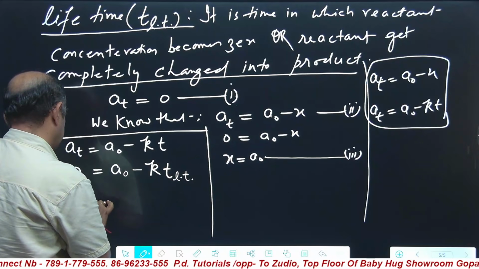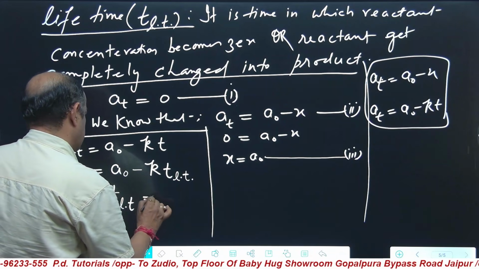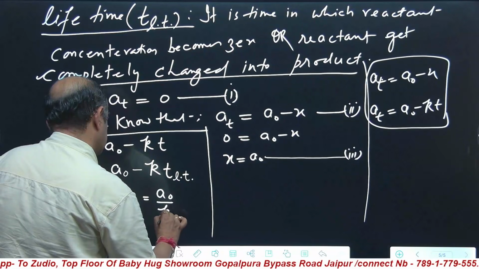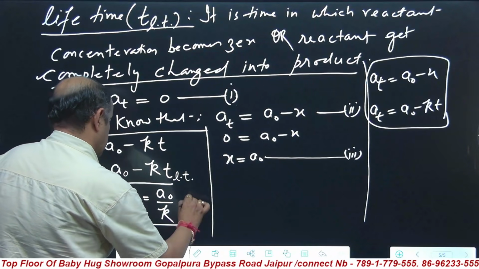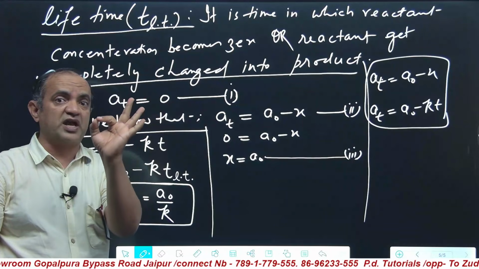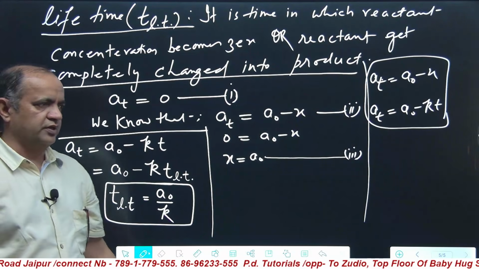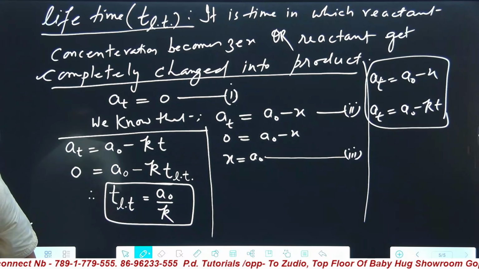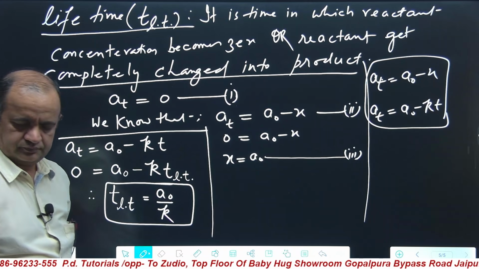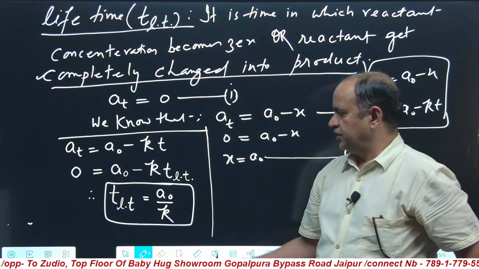Therefore, TLT, lifetime, equals A naught by k. Its lifetime depends upon the initial concentration or pressure of the reactant given. Yes, copy it. It's a very important formula.